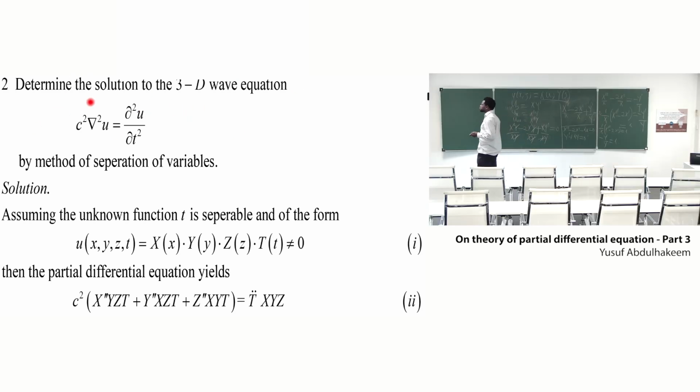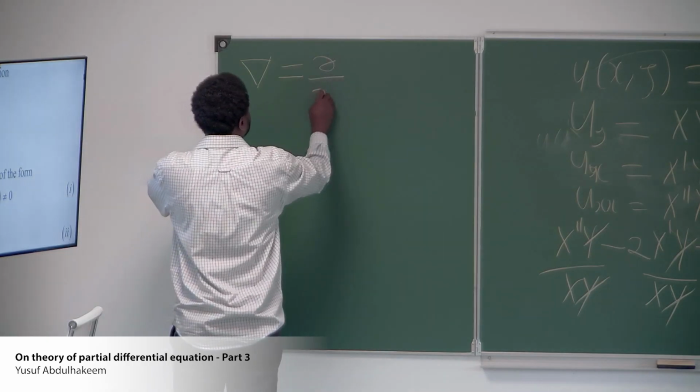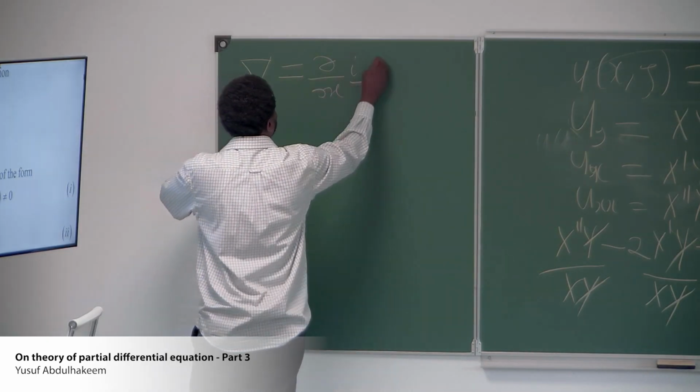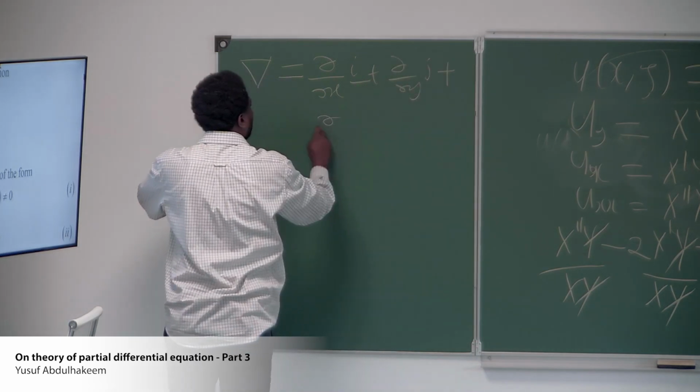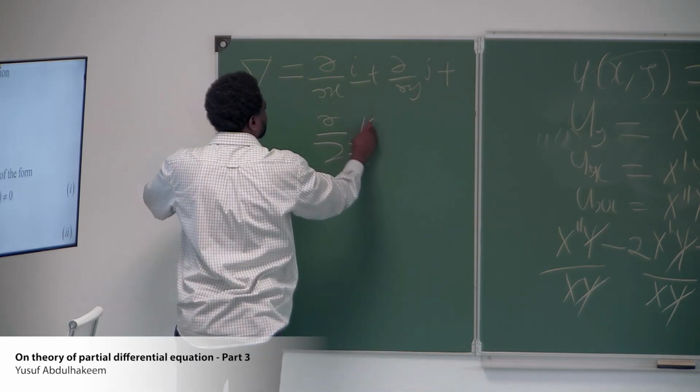the 3D wave equation. So this Laplacian here is, of course, just di x i plus di y j plus di z k.